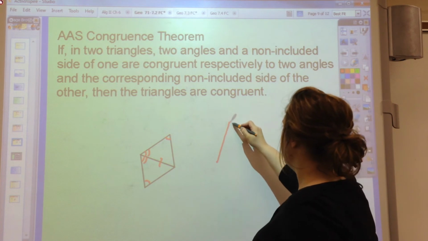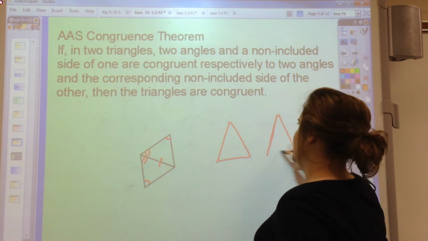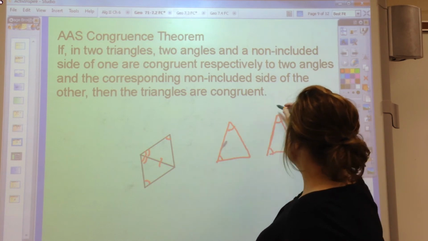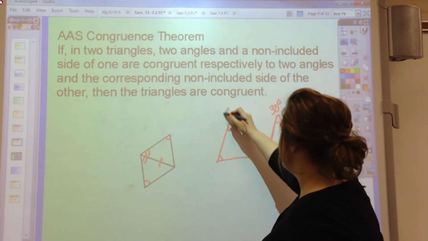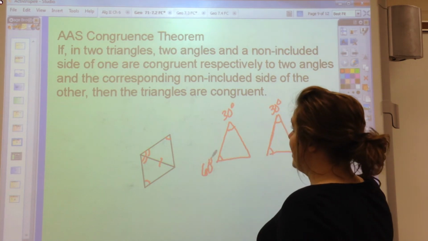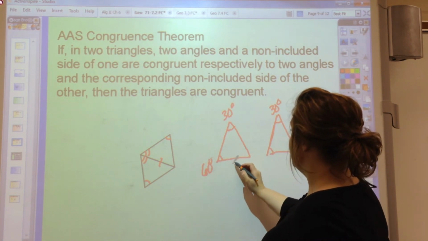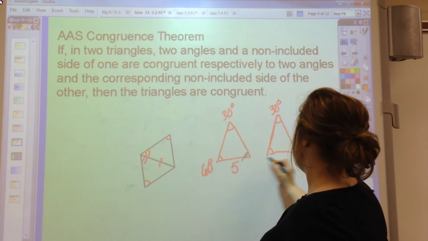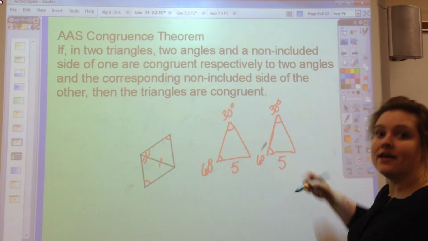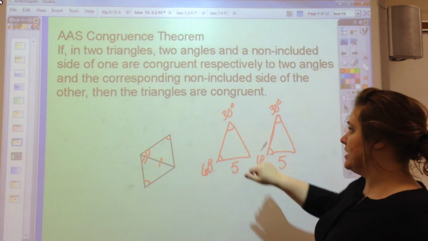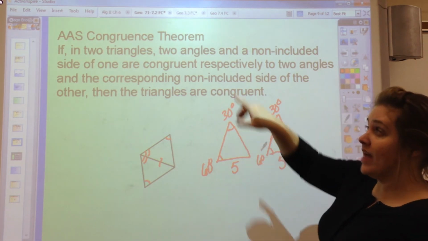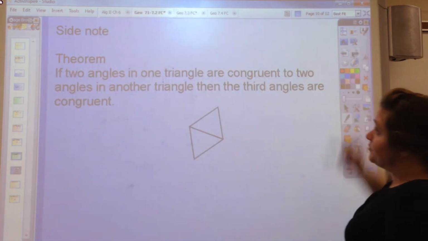For another example, and these triangles may or may not be perfect, sorry about that. Let's say this angle is 30, and this angle is 60. And I know this side length right here is 5. Would you agree that they go in the form of angle, angle, side? That means that these two triangles, even though I don't know this side length, must be one and the same because of the angle, angle, side congruence theorem.